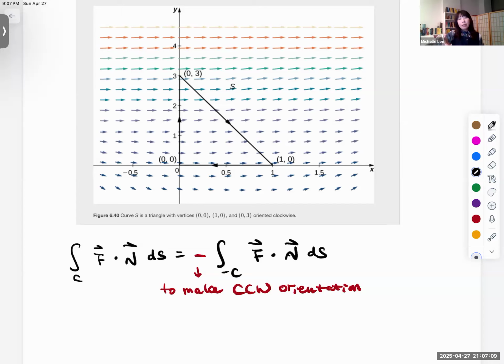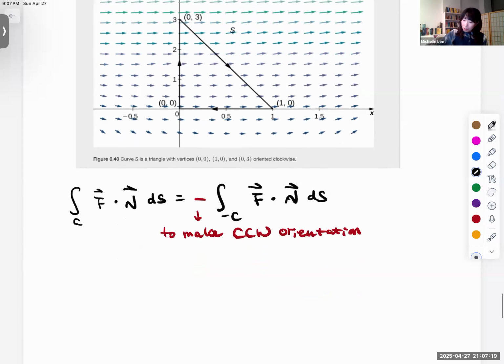Now since we have counterclockwise orientation, we can apply Green's theorem. So that will be negative double integral over D of the formula P sub x plus Q sub y dA, right?